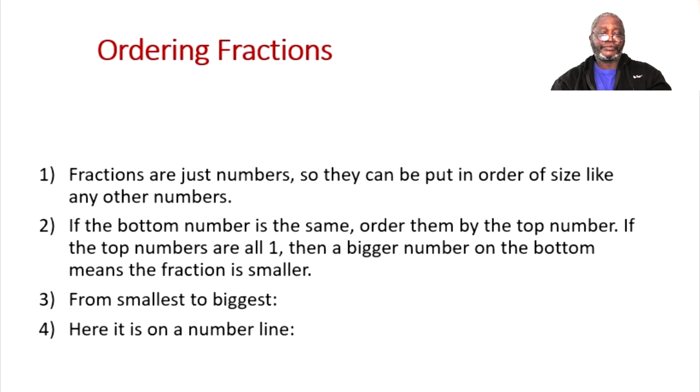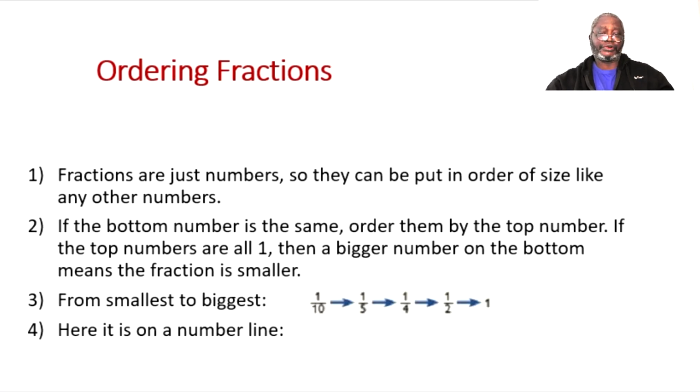here it is on a number line as I've shown you on the board. So 1/10, 1/5, 1/4, 1/2. Which is bigger, which is smaller? The largest is half, because you just divide a loaf of bread into 2.